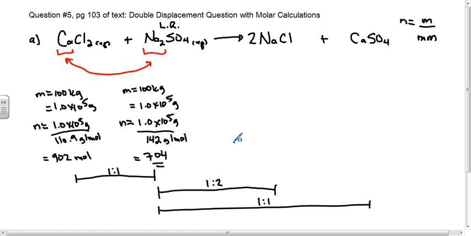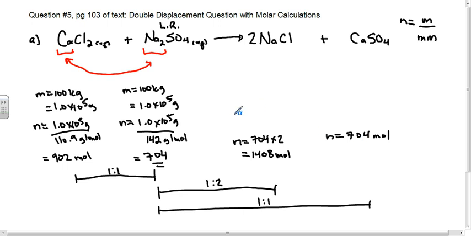We sort of work backwards here. The number of moles of sodium chloride will be 704 times 2, because for every mole of sodium sulfate we get 2 moles of sodium chloride, so that gives us 1408 moles. We can do the same thing for calcium sulfate. Because it's a 1-to-1 ratio, the number of moles is 704 moles.